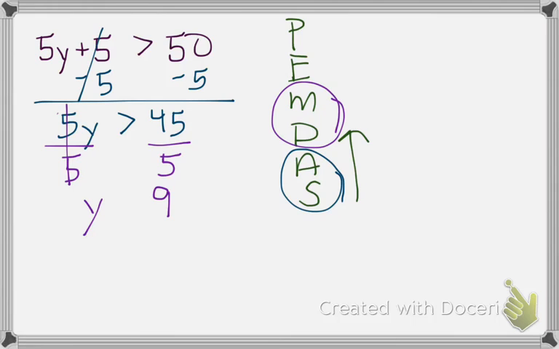Now here's a big question. I'm dividing by 5, dividing by 5. What's going to happen to my inequality sign? Well, since these are positives, I'm not dividing by a negative, nothing is going to happen to my inequality sign. It's going to come on down, not changing, and this is going to be the answer. So I'm looking for values of y that are greater than 9, and I have solved for y.